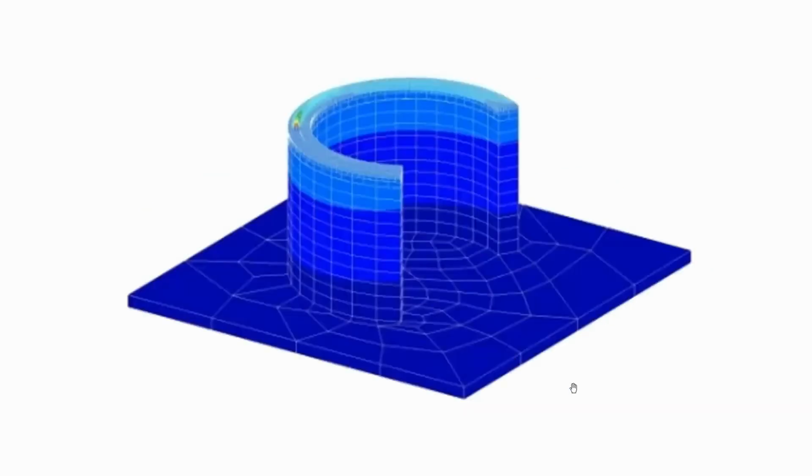Adaptivity means you get to have large elements in the areas of the build that you've already finished solving, which are areas like this, or areas of the build that don't really matter, which are the build plate, for example, while maintaining really small elements and a fine resolution for the areas of interest, which in this case is the layer that is being solved right now.